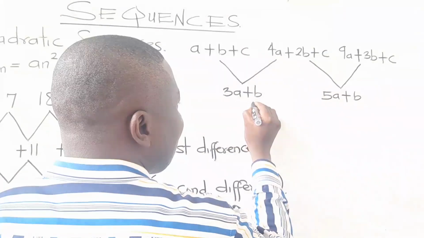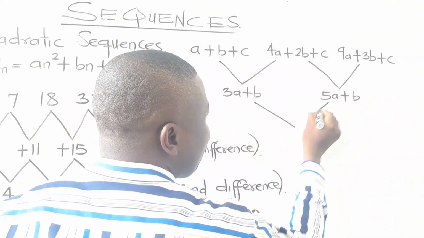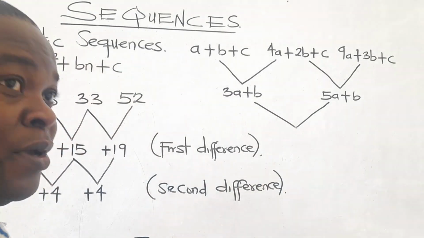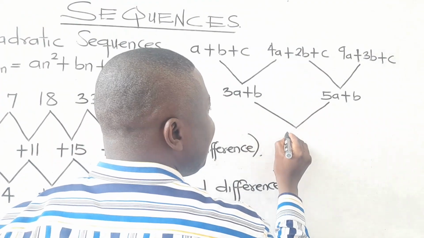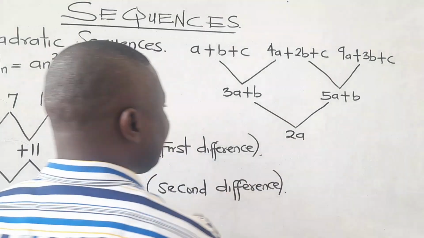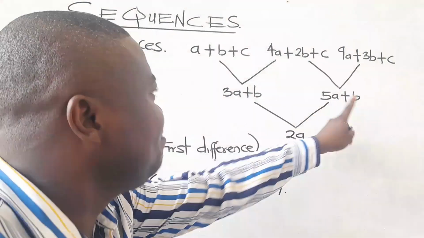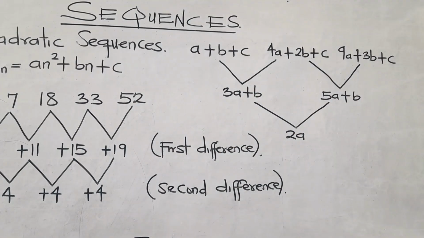Let's create the second difference because we know it's quadratic, so it should stop at the second difference. 5a minus 3a is 2a, b minus b is 0. So the constant term must be equal to 2a. So we can get the value of a.